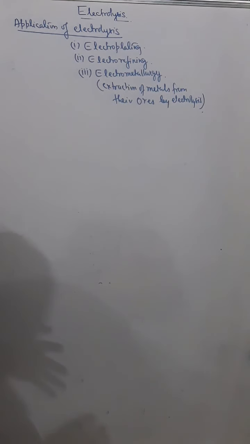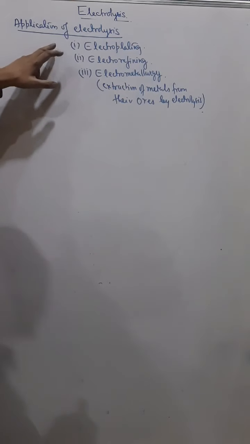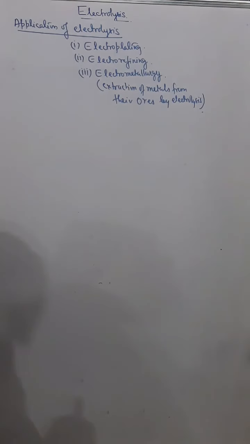Generally you can see that on iron articles nickel is coated, or a brass or bronze article is coated with silver, just to make them look attractive and to prevent corrosion. That process is called electroplating.